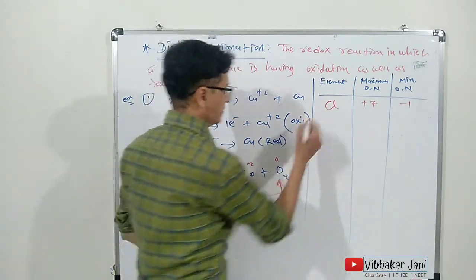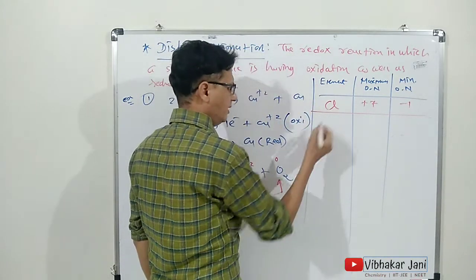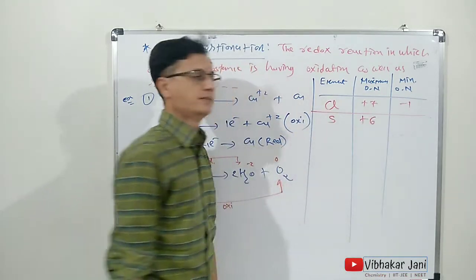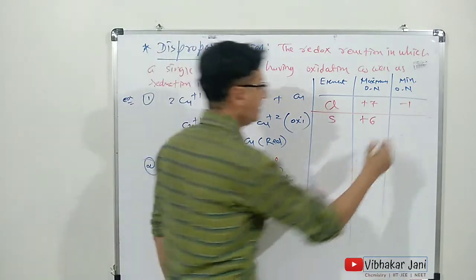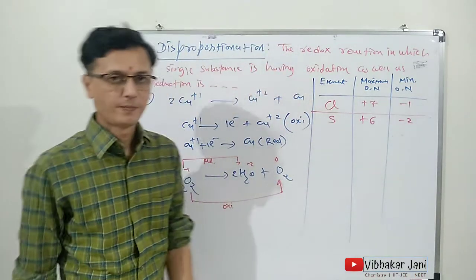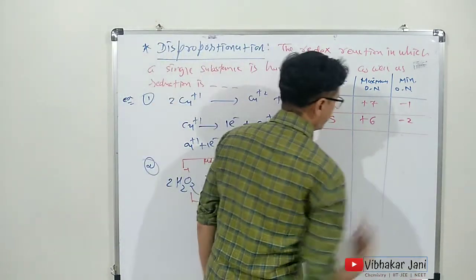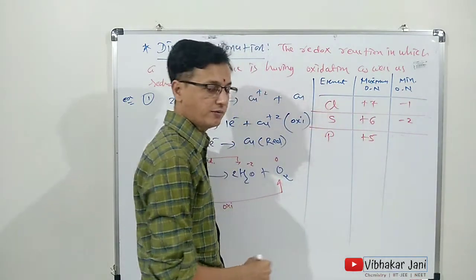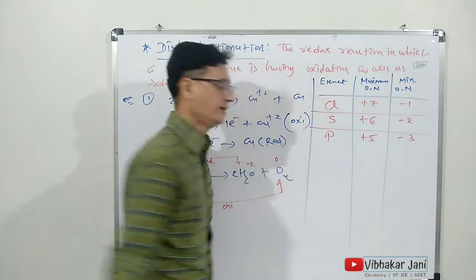Okay. Now, second, sulfur can have +6 as the maximum oxidation state and minimum -2. Third element, phosphorus, can have maximum +5 and minimum -3.